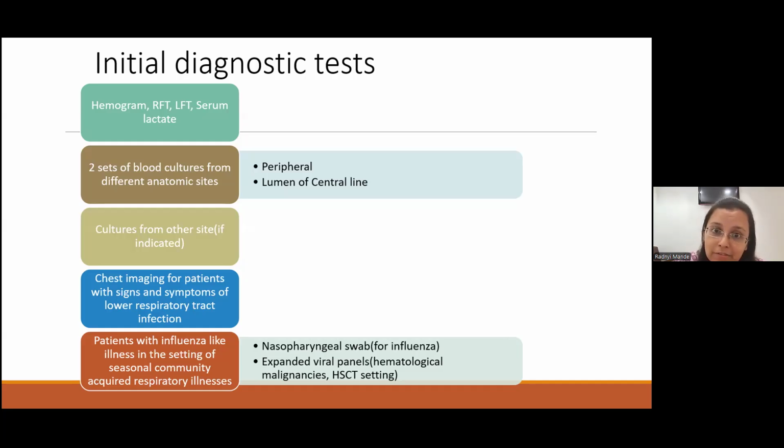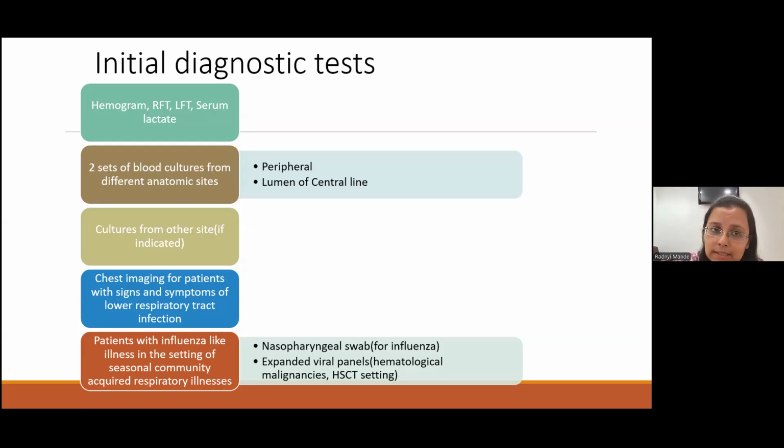So the current recommendation is preferably to send paired, but if not, you can do away with just a central line culture. Cultures from other sites, like urine culture, are indicated only if the child is symptomatic. And chest imaging like X-ray or NCCT, again, we do only if the child has a lower respiratory tract infection.